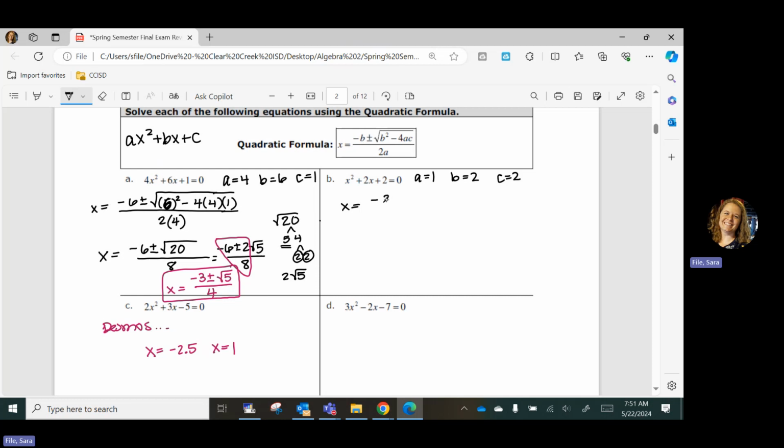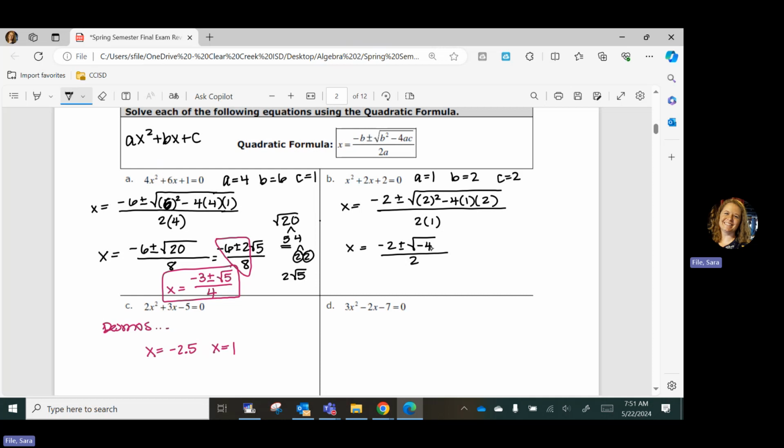So -b plus or minus the square root of b squared minus 4ac all over 2a. Now I'm going to simplify. Now under the radical, 2 squared is 4. And over here, 4 times 1 times 2, that's 8. 4 minus 8 is -4.